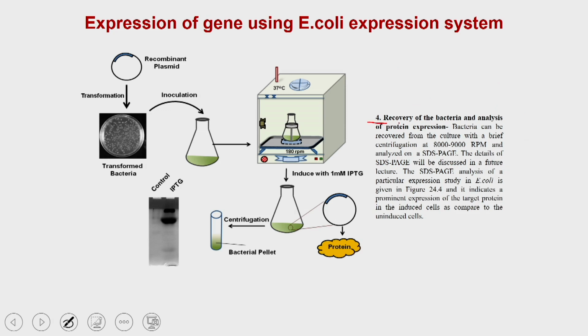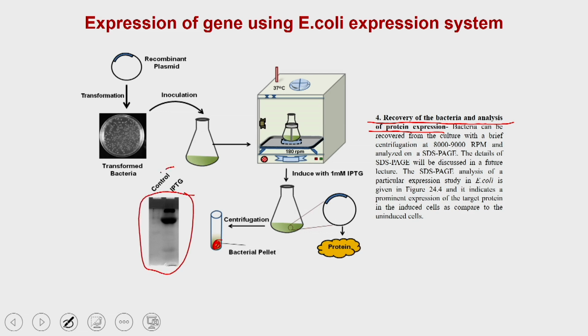Then you will recover the bacterial cells, simply by centrifugation. That will give you a bacterial pellet, and you can lyse that pellet with the help of SDS as well as other kinds of detergents, and then analyze it on SDS-PAGE.